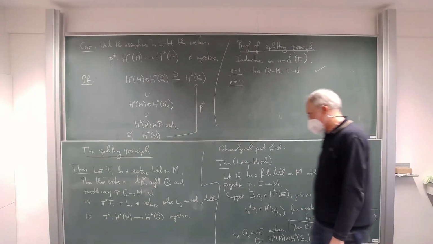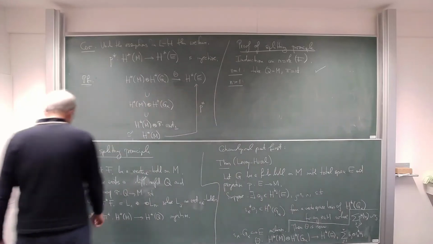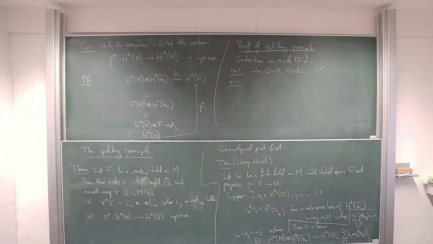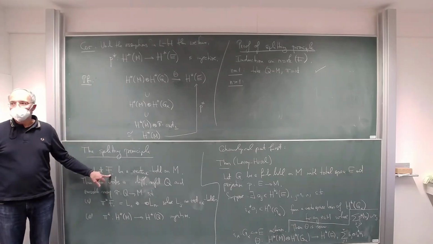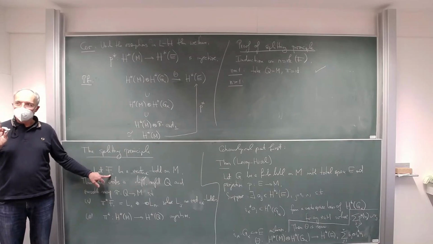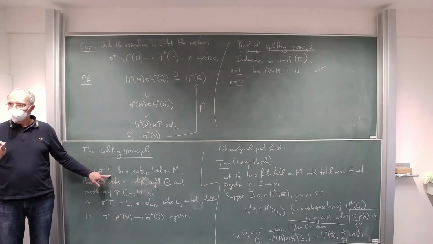And what do we do now? How can we get to some such Q? Well, we take our bundle F and we projectivize it. That means each fiber of the bundle, which is an n-dimensional complex vector space, is replaced by its corresponding projective space.